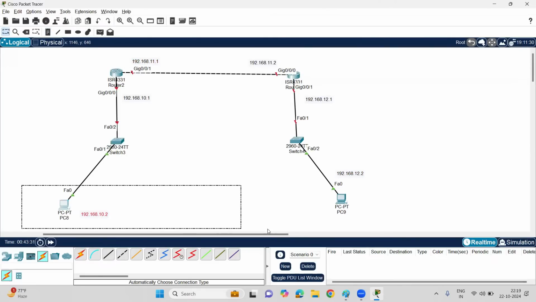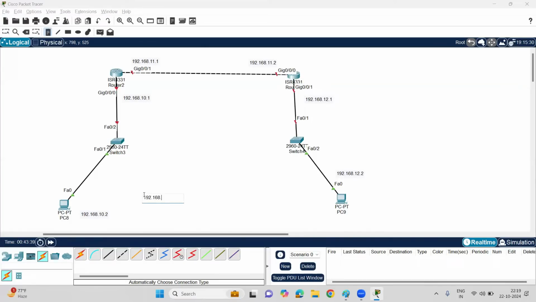How will the data be forwarded between these two? The data will start from 192.168.10.2. Now the data will be forwarded to 192.168.10.1. Then 10.1 will forward the data to 192.168.11.1.